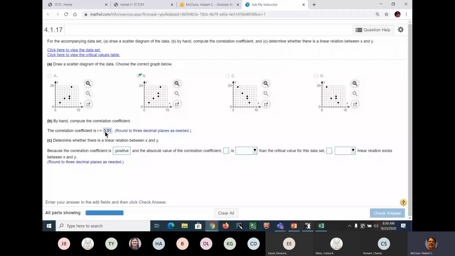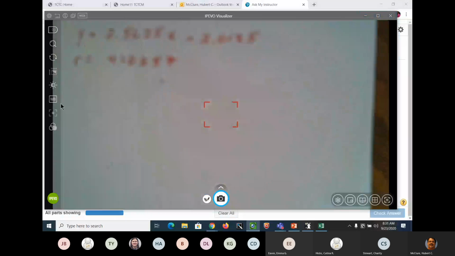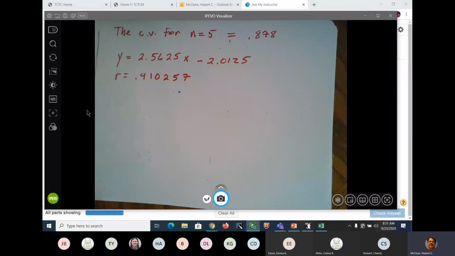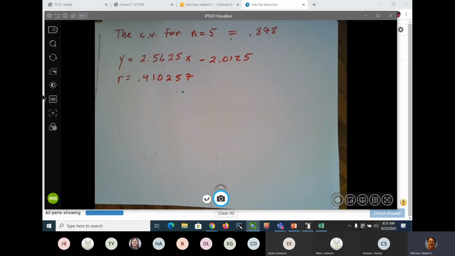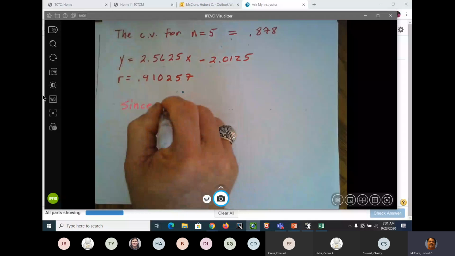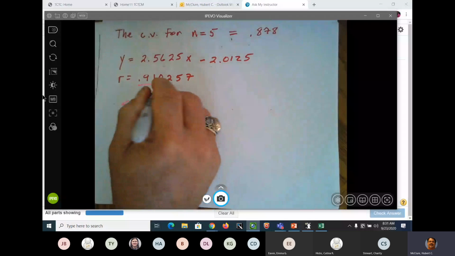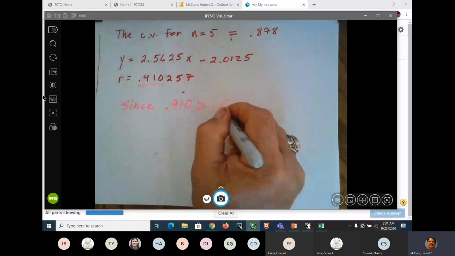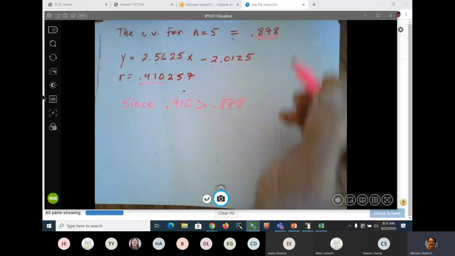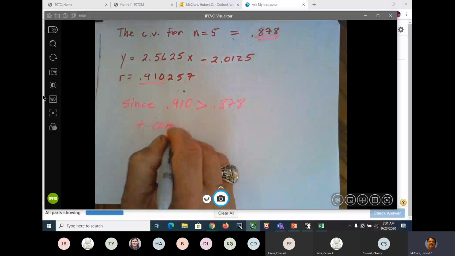Now, write this down, and I'll write it down for you right here in my Word document. There we go. Since, and write this down in pink, since 0.910 is greater than 0.878, we have a positive correlation.